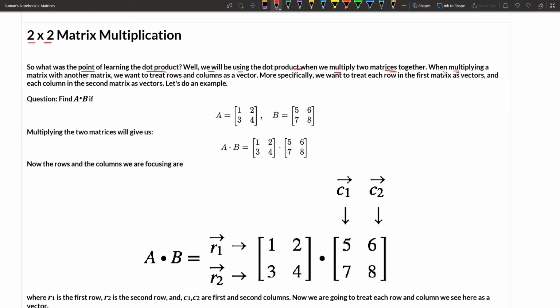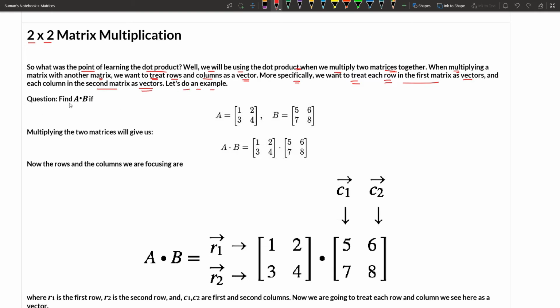When multiplying a matrix with another matrix, we want to treat rows and columns as vectors. More specifically, we want to treat each row in the first matrix as a vector and each column in the second matrix as a vector. Let's do an example.